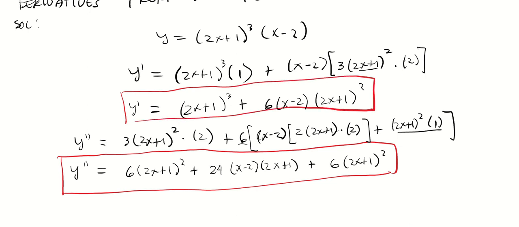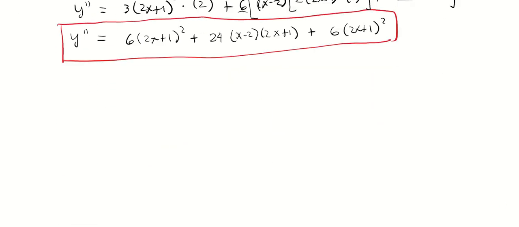Then next, for the third order derivative, y triple prime. This will be, again, here will be 2 times 6. So we have 12. Then copy 2x + 1. Then 2 minus 1, or that's just 1.